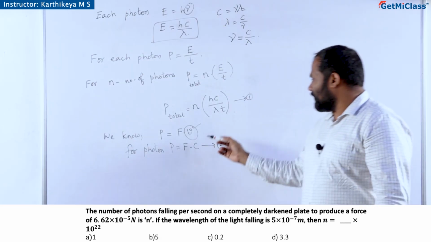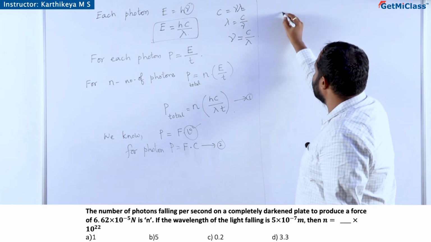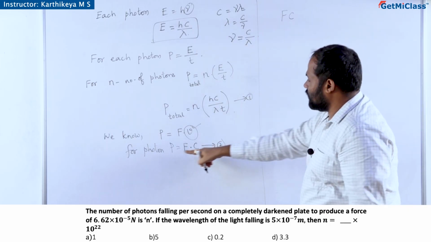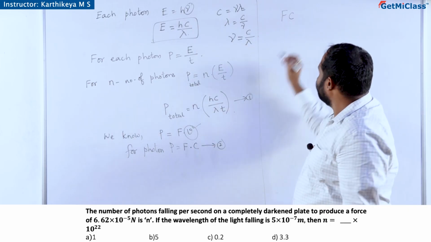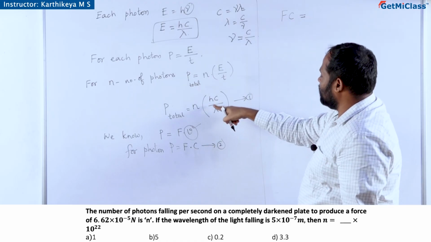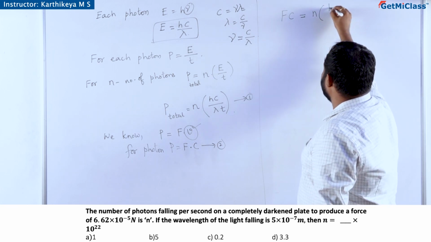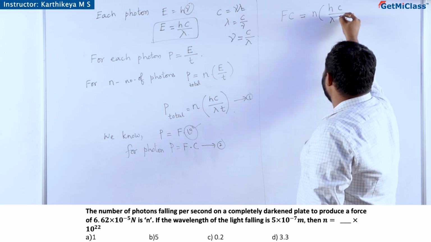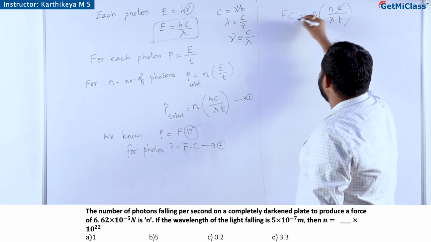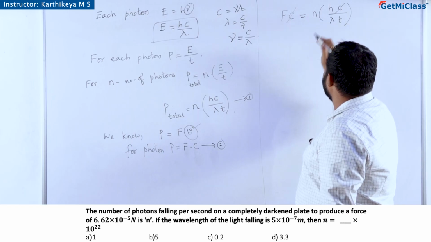So, combining equations 1 and 2, what I am going to write is Fc is the total power produced by the photons, and with respect to its wavelength, this is the equation, n into hc by lambda t. So, c and c cancel. Now, you want n, right?